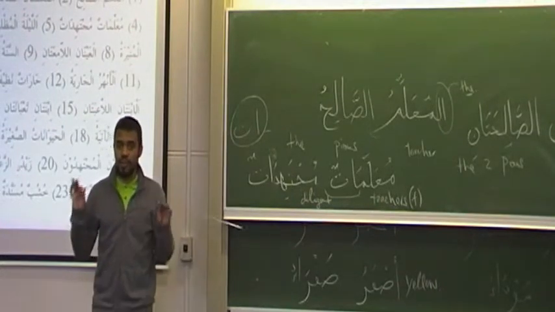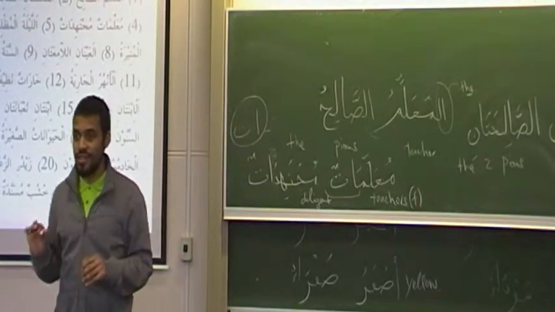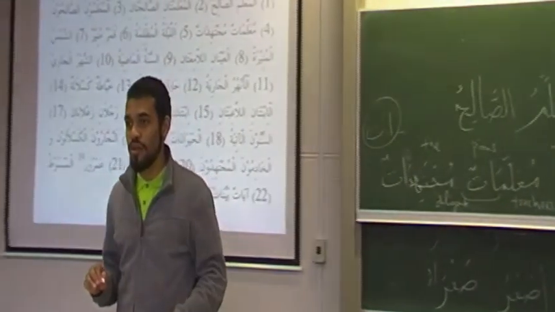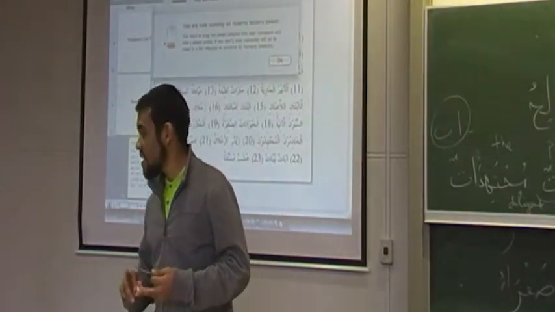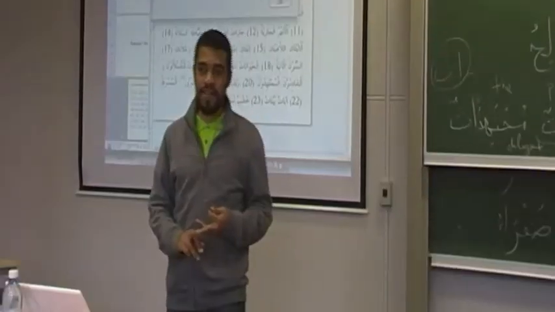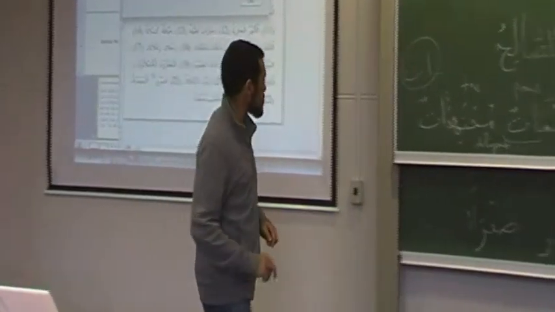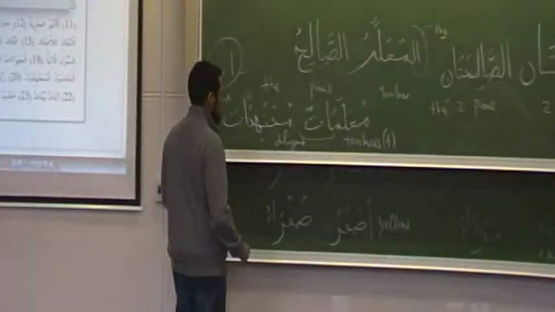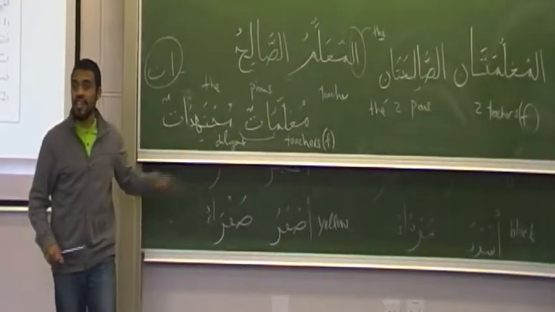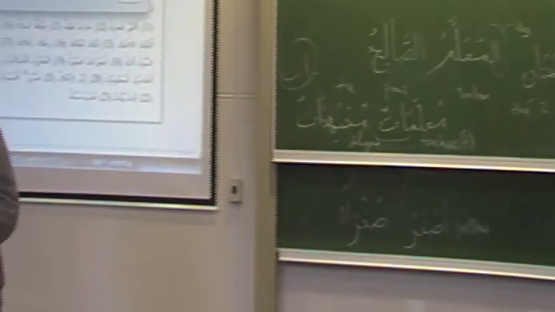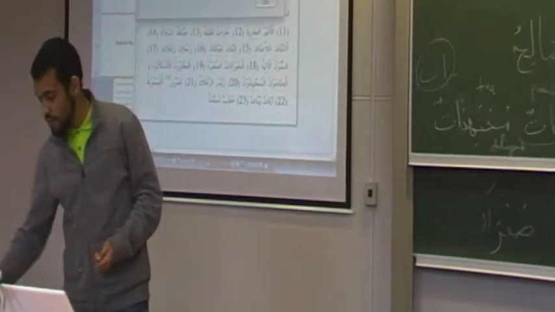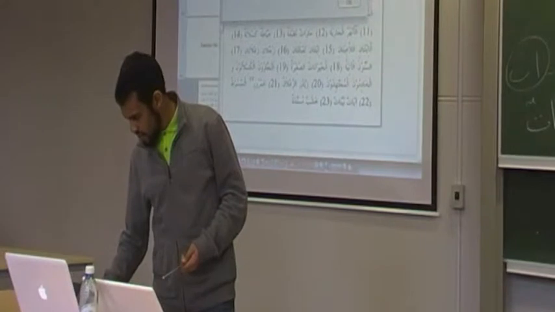Atun is a sign of feminine plural, so they agree in femininity. They agree in plural, they agree in number. So muallimatun, mujtahidatun, and they agree in case, which is definite or indefinite.